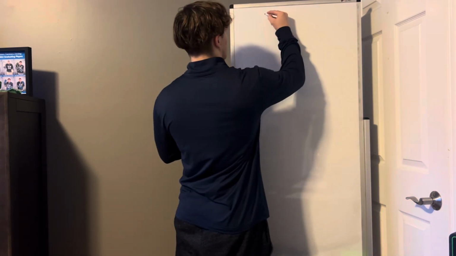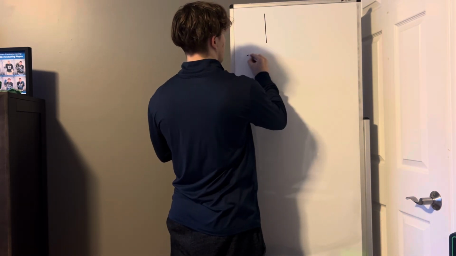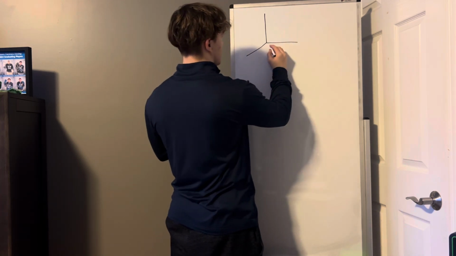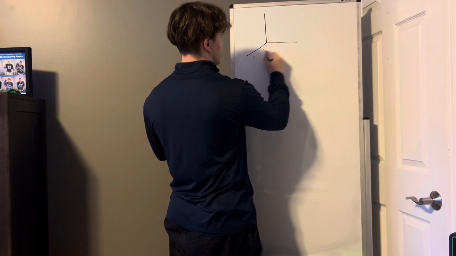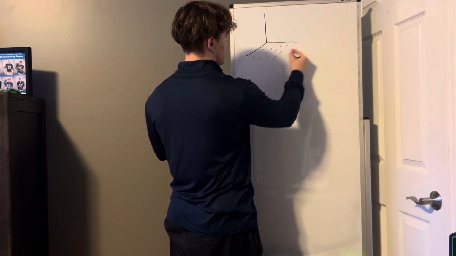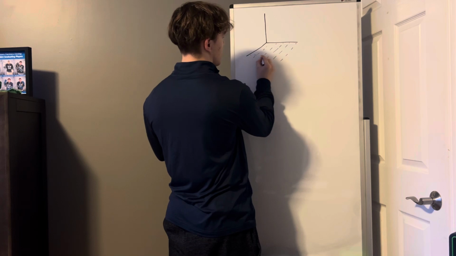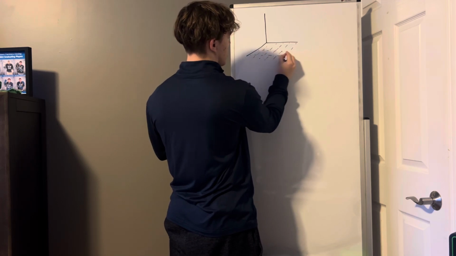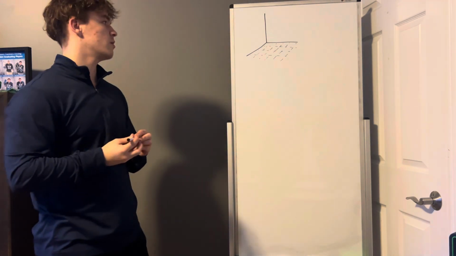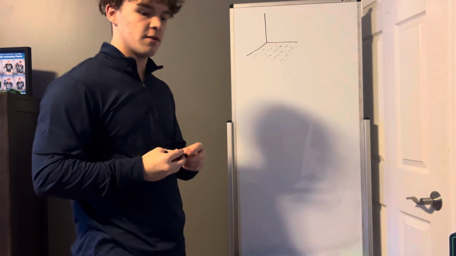So we have our 3D space, and this plane down here is what we're kind of used to. This is just like the regular stuff that we've seen where we have a 2D graph.